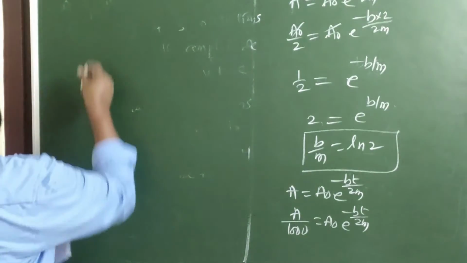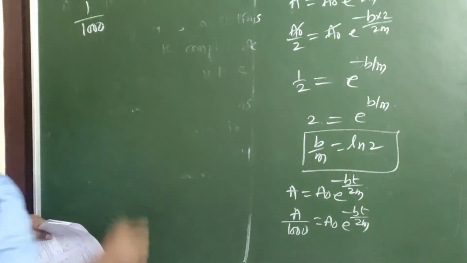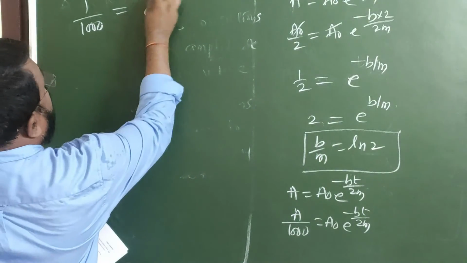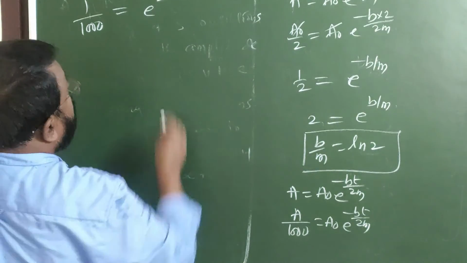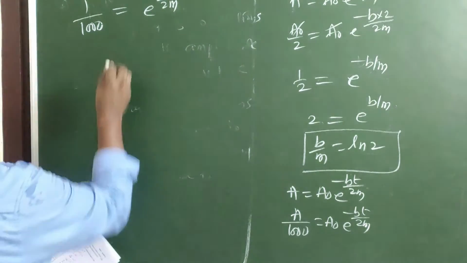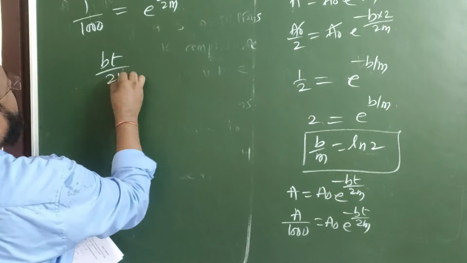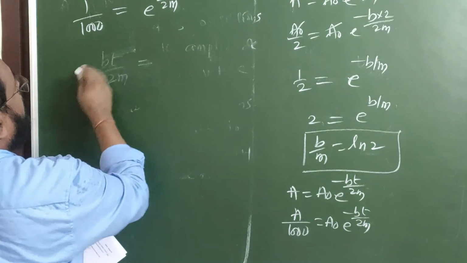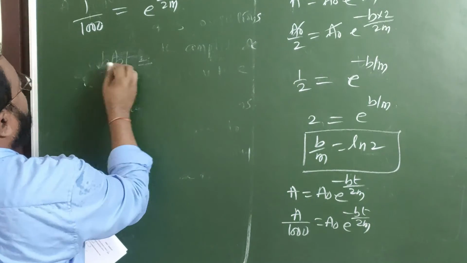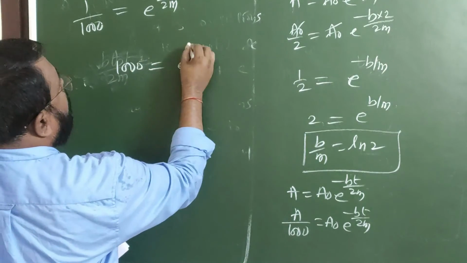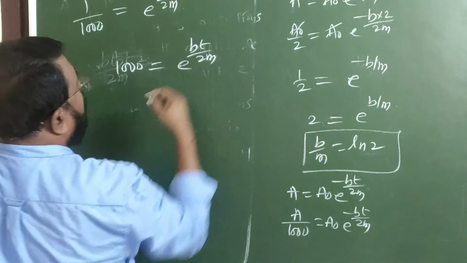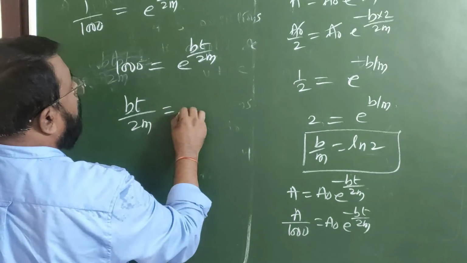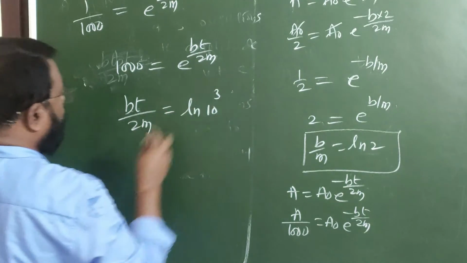This becomes 1 by 1000 is equal to e to the power of minus bt by 2m. Therefore e to the power of bt by 2m is equal to 1000. Therefore, bt by 2m is equal to ln 10 cube.